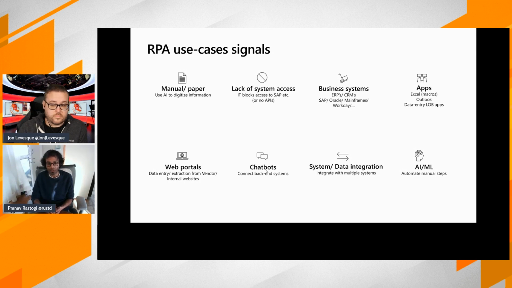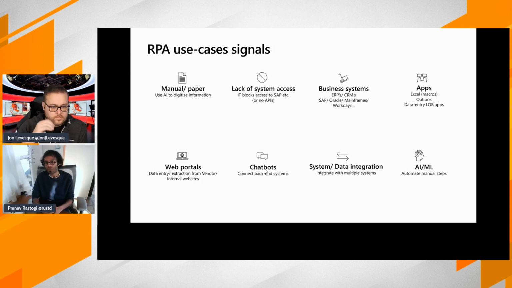If you're running into issues where you just can't access the system, either because you don't have permissions, or the APIs are there but nobody would give you access to it, then just use RPA to automate your process. If you are dealing with some of these business systems around ERP, CRMs, SAP, Oracle, Dynamics, Workday, take your favorite pick, and you think you're browsing to these systems and doing a lot of manual tasks, think about automating it using RPA as well.